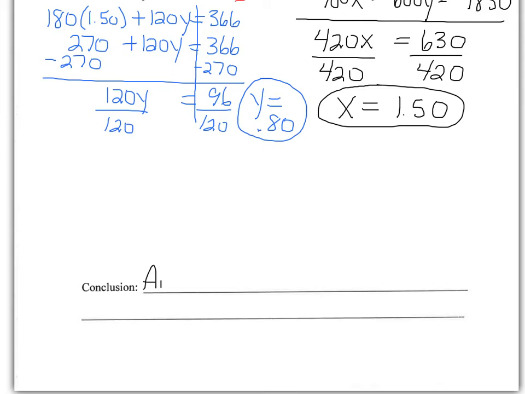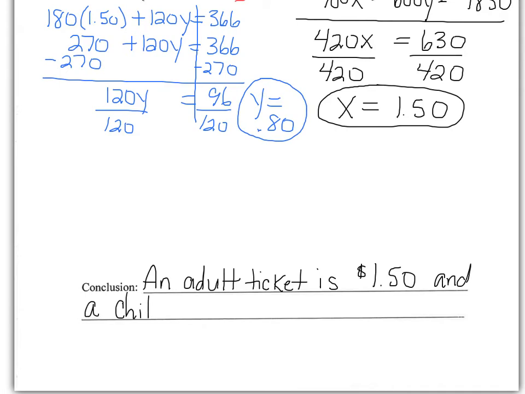So I will write an adult ticket is $1.50. And a child ticket is 80 cents.